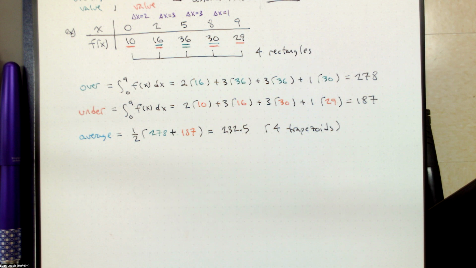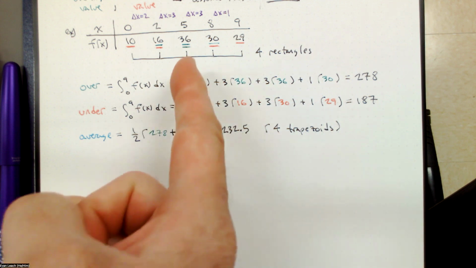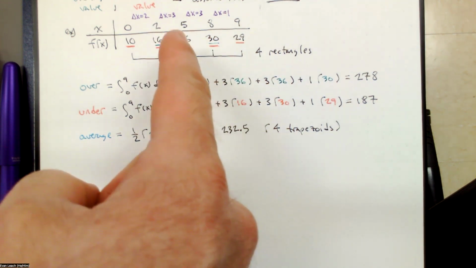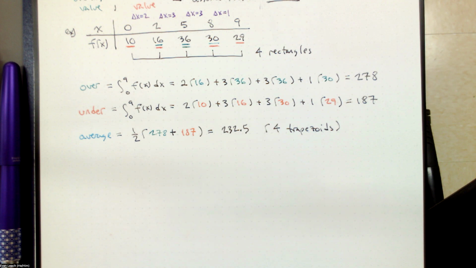This is a slight variation of left and right approximations, because notice that I used the 36. 36 was on the right of 2 to 5, and 36 was on the left of 5 to 8. The reason I didn't call this left and right is that the function goes two different directions.